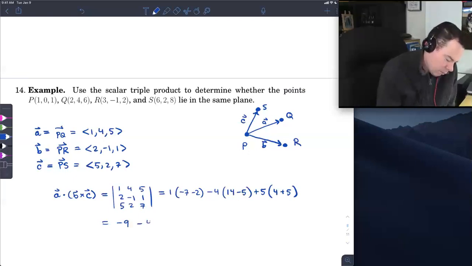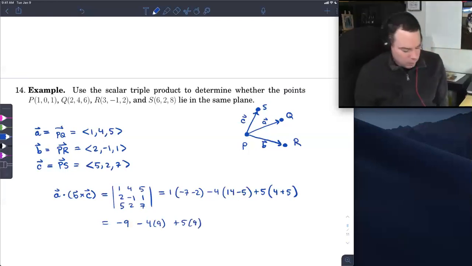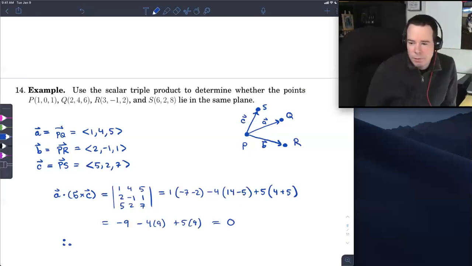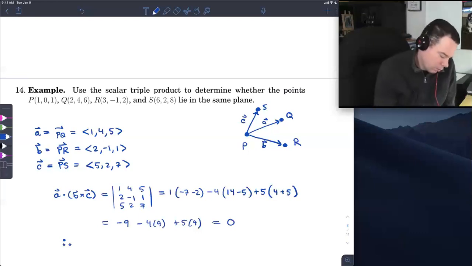So that's a negative 4 times 9 plus a 5 times 9. So I've got negative 5 times 9 plus a 5 times 9. So that's 0. And therefore, since the parallelepiped that these 3 vectors make has 0 volume, it means that all 3 vectors live in the same plane, or in other words, all 4 points are coplanar. Therefore, the 4 points are coplanar.